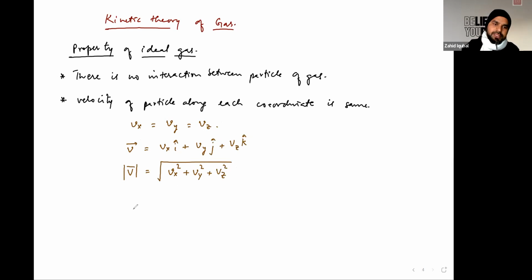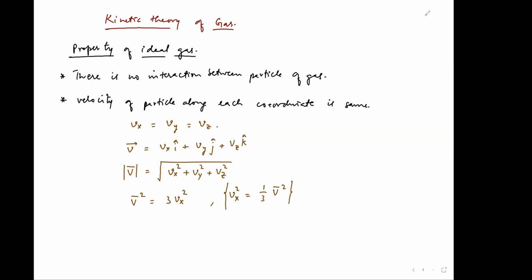So on squaring both sides, you may write v bar square equals vx square plus vy square plus vz square, and since these are all equal, we can write it as 3 vx square. So vx square will be 1/3 of v bar square. From this part we can say. Fatma, any doubt? No, sir.